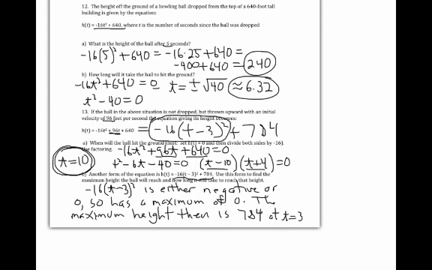So it starts at 640 feet and it goes up to 784. How long does it take? Well, we can see from the equation that t minus 3 is going to be 0 when t is equal to 3. So at 3 seconds, it's going to be at its maximum height of 784 feet.